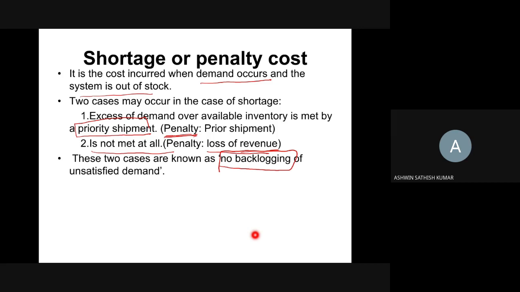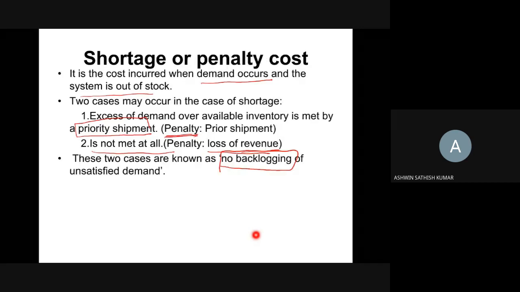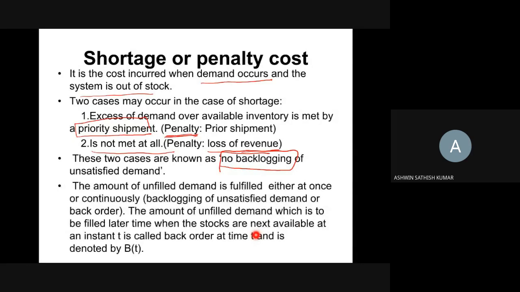Yes, accommodate in the next shipment. When you accommodate in the next shipment, for that you have to record, you have to maintain the log of that customer. So that will come under backlogging, meaning when backlogging is allowed, then you can maintain this.